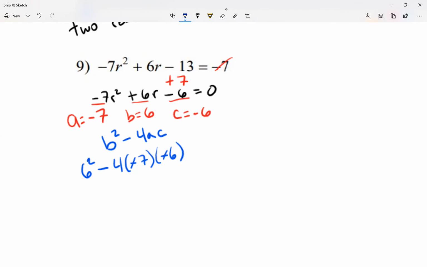Okay, so I have 36. Remember, I did the exponent. So 36 minus, let me see what's 4 times 7 times 6. Use a calculator if you need to. I have 168.